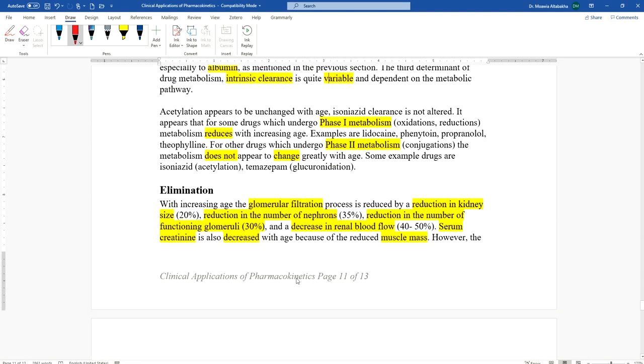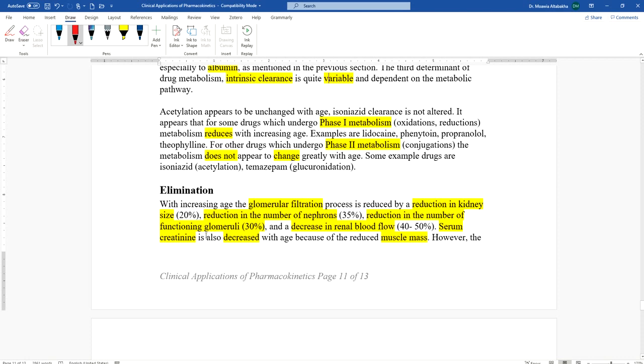Okay, elimination: the kidney is very well affected with age. For example, with age the glomerular filtration decreases by 20%, the number of nephrons decreases by 35%, the number of functioning glomeruli decreases by 30%, renal blood flow decreases by 40 to 50%, and this will cause an overall reduction in renal clearance.